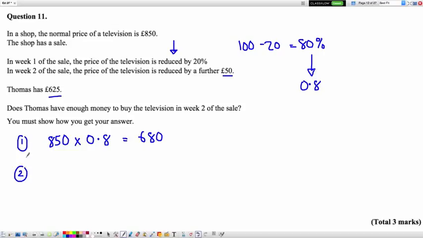For week 2, the price of the television is reduced by a further £50. So this was the price at the end of week 1. We then subtract £50, and we're going to have then £630.